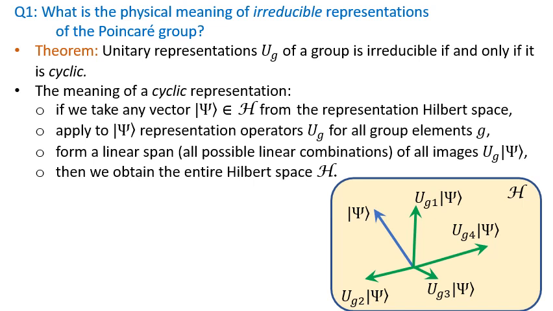There will be other portions or subspaces which could not be reached by applying representation matrices to the vector psi. In this case, we'll say that the representation is not irreducible. It will be called a reducible representation.